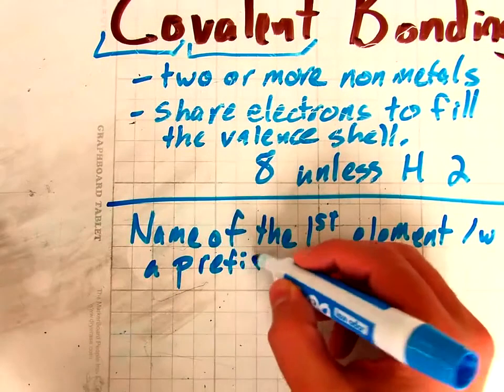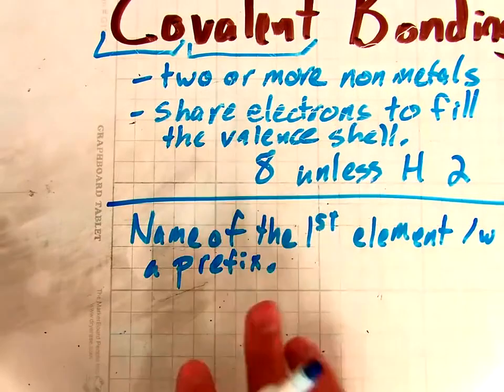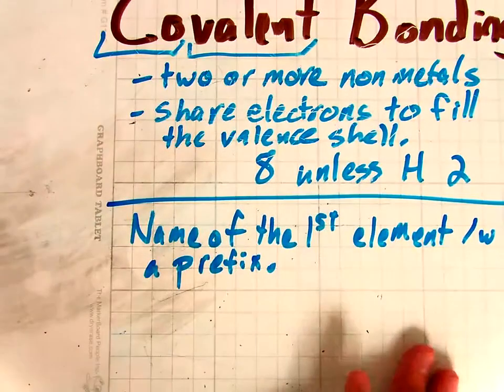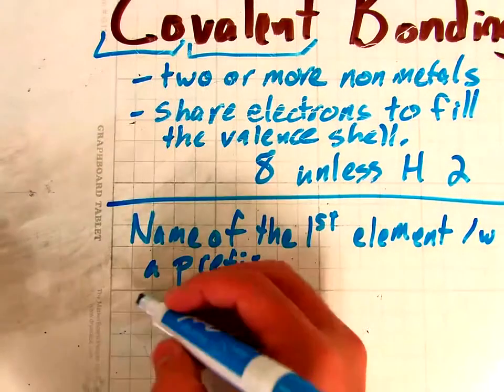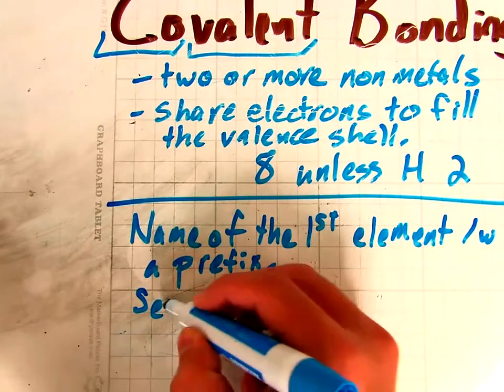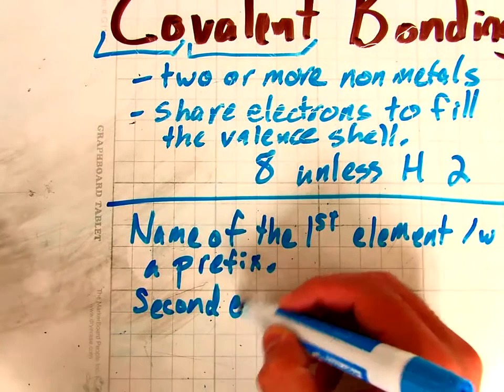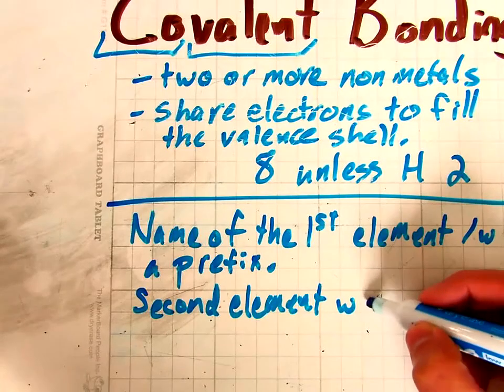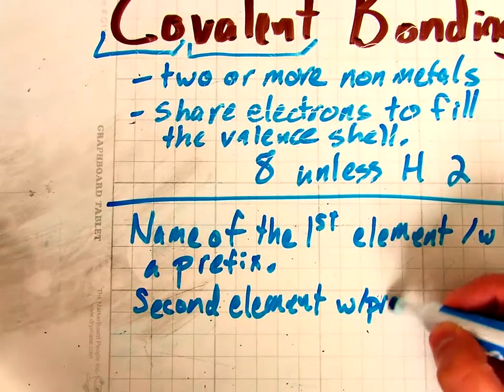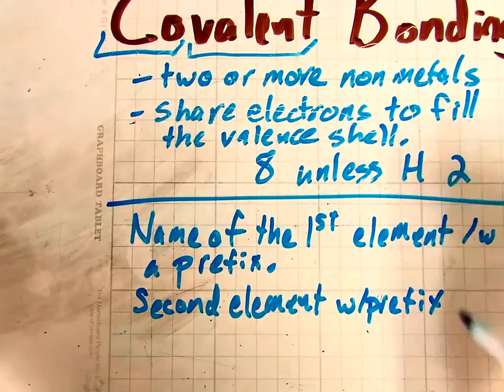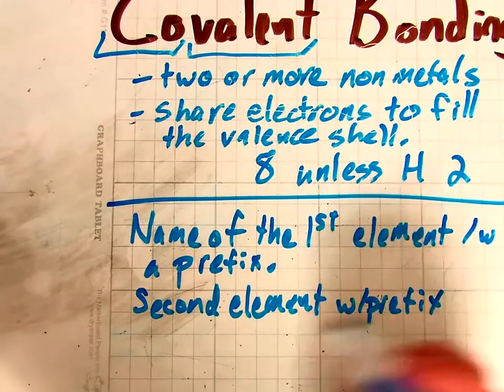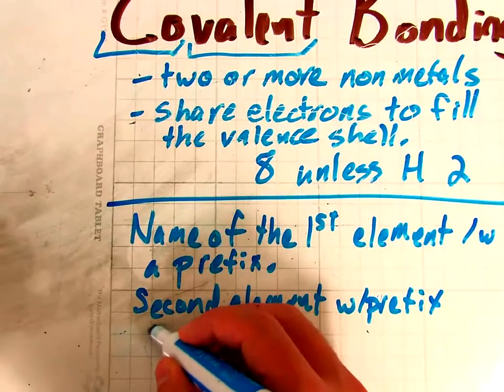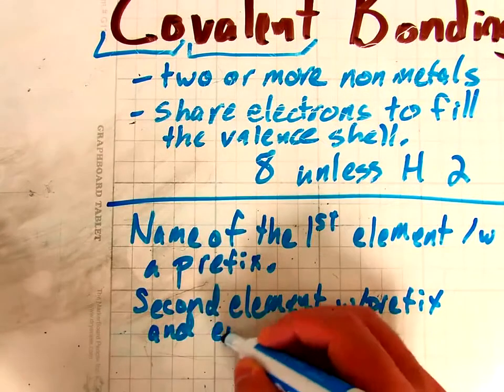So it's only necessary if it's 2 or more. And then the second element with a prefix no matter what. So even if it's only 1, it's going to be mono. And ending in "ide."